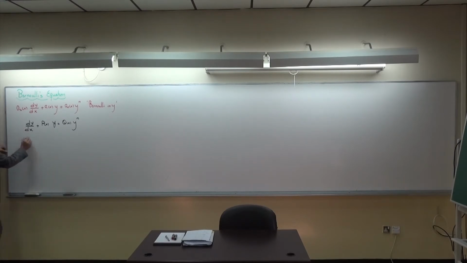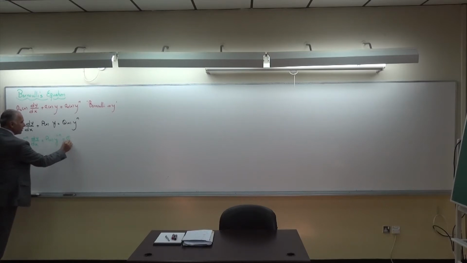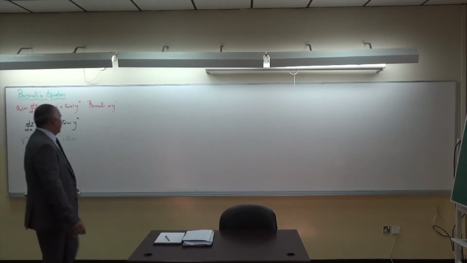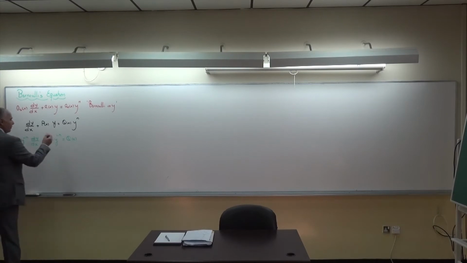So my new equation, or the same old equation, can be written in this simple form: y^(1-n) equals q(x). Now, this will give you nicely the substitution z = y^(1-n).